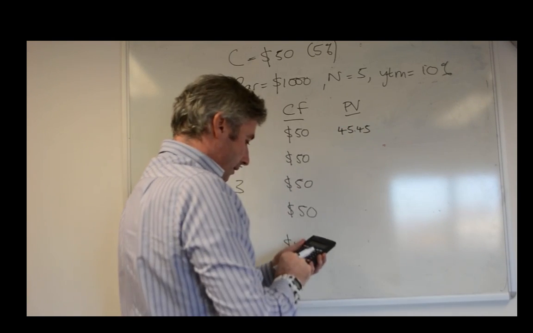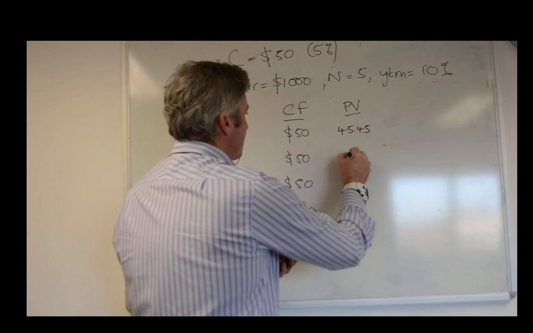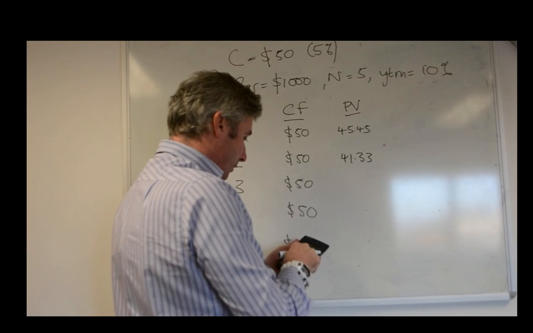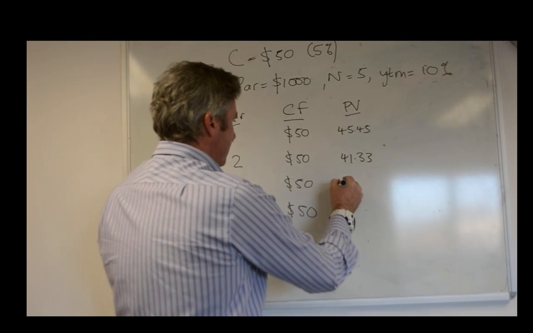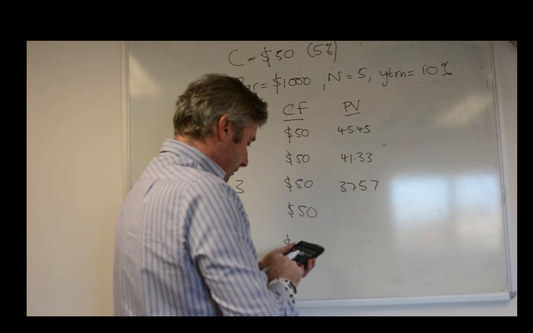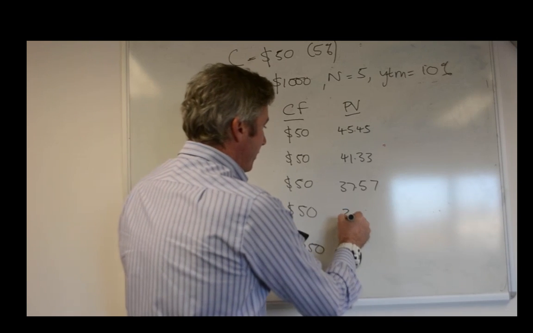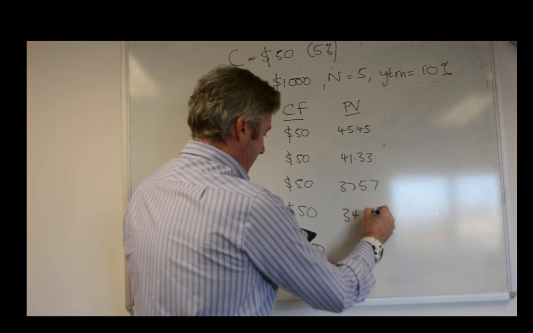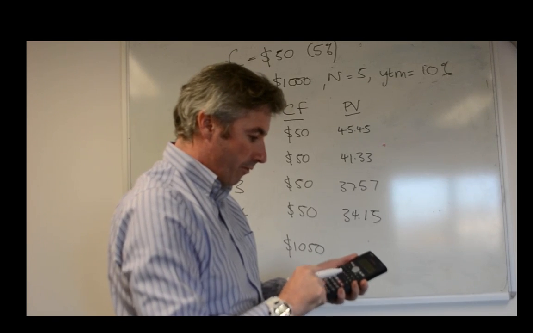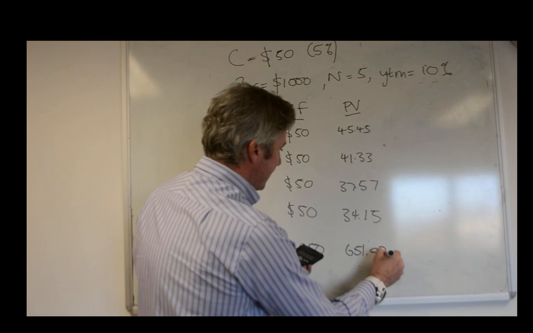45.45. 50 divided by 1.1 squared, we get 41.33. 50 divided by 1.1 to the power of 3, we get 37.57. 50 divided by 1.1 to the power of 4, we get 34.15. And finally, 1,050 divided by 1.1 to the power of 5, we get 651.97.